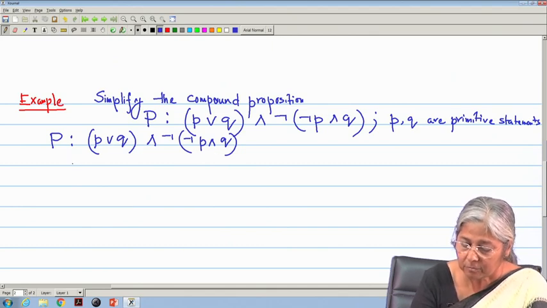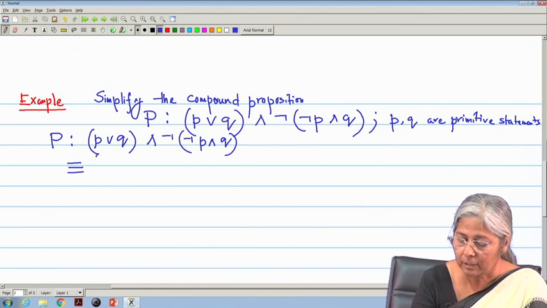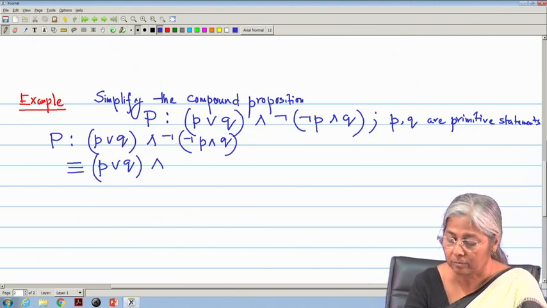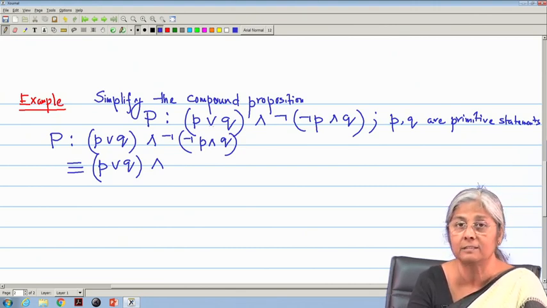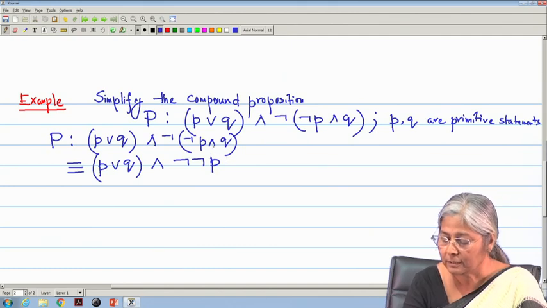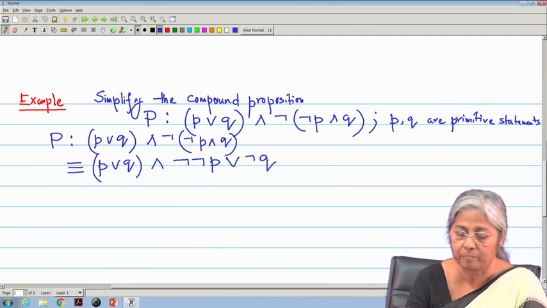This is equivalent to P or Q, and we apply De Morgan's law first, because we have to negate this expression. So it will be negation of P, this AND becomes OR, and negation Q.